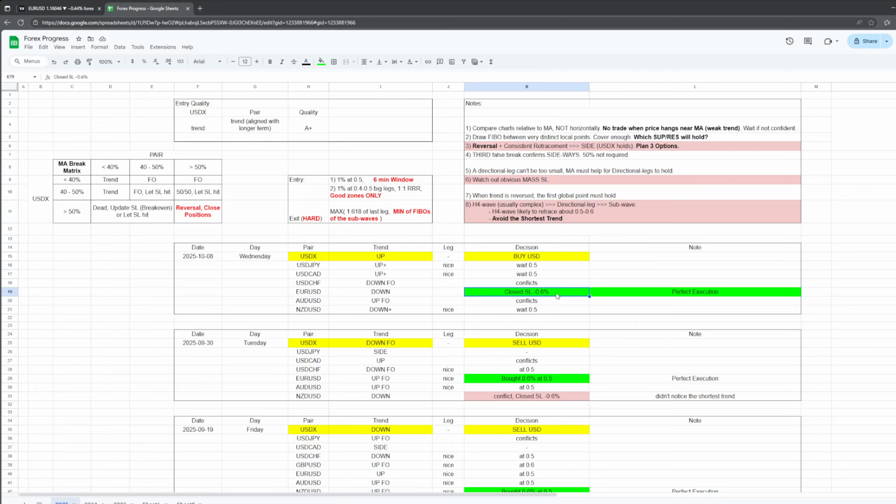I closed my 0.6% buy position, which is a perfect execution of my trading system. Our decision is to wait until the market retraces into a good zone. So by the way, so far USD Japan Yen and USD Canada Dollar look best in terms of trend strength.